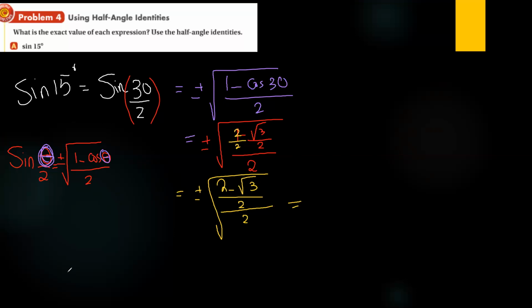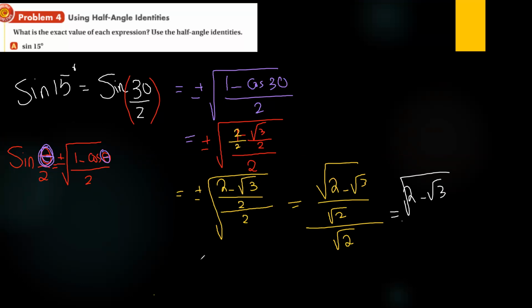here it's supposed to be square root of 2 minus square root of 3 over square root of 2 over square root of 2. Let's simplify it now as square root of 2 minus square root of 3, under the square root, over square root of 2.